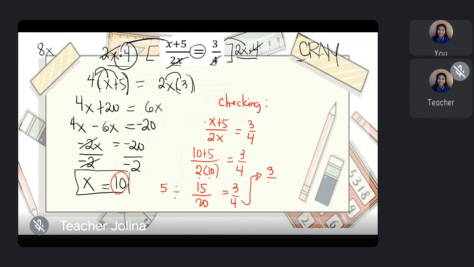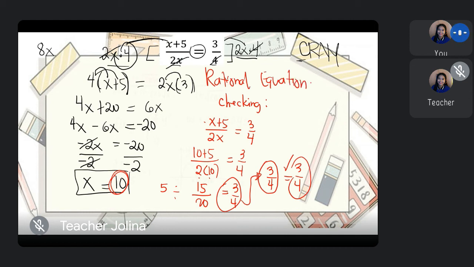And then, copy natin yung equals 3 over 4. So as you can see, both expressions, first expression at second expression are equal. So meaning our solution here is 10 and it is a rational equation, since both expressions are equal.